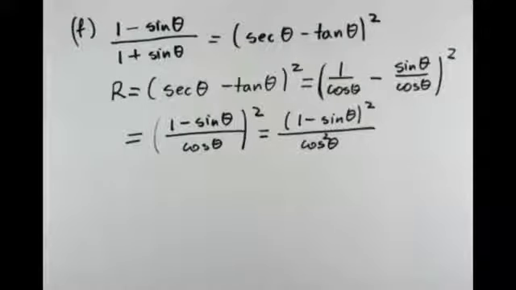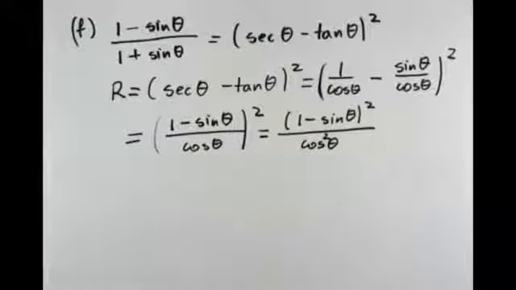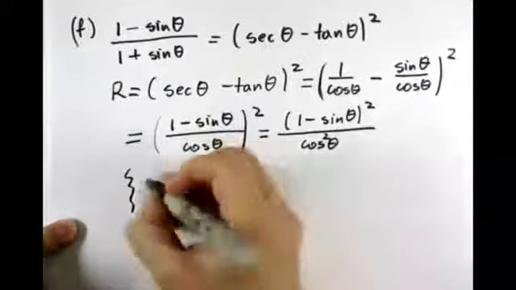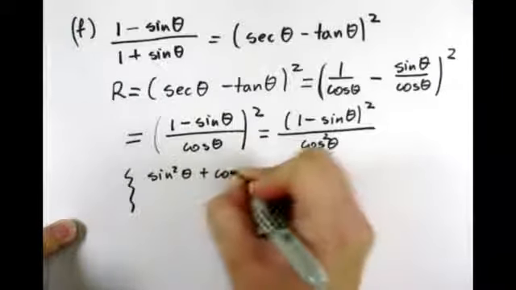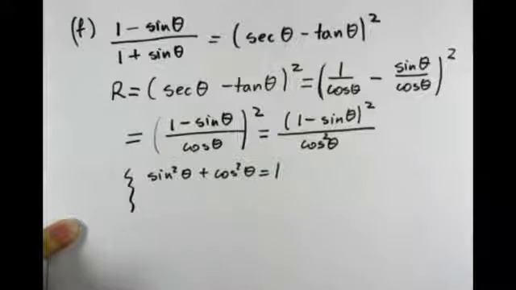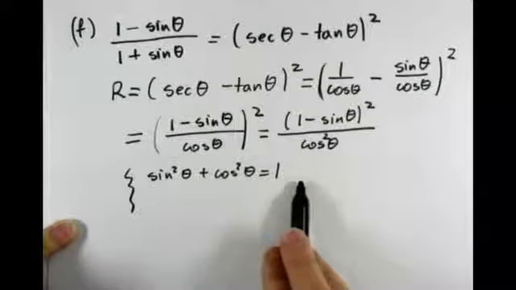Okay, so what I'm gonna do, I'm gonna use this cos square. What do we know? We know that sine square theta plus cos square theta is equal to 1. From this identity, I bring this sine square over.